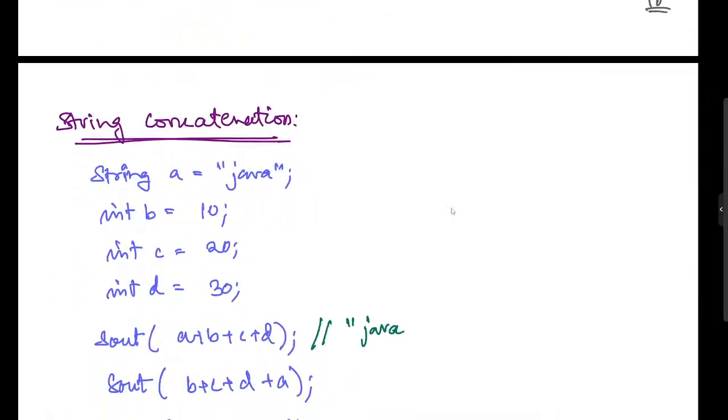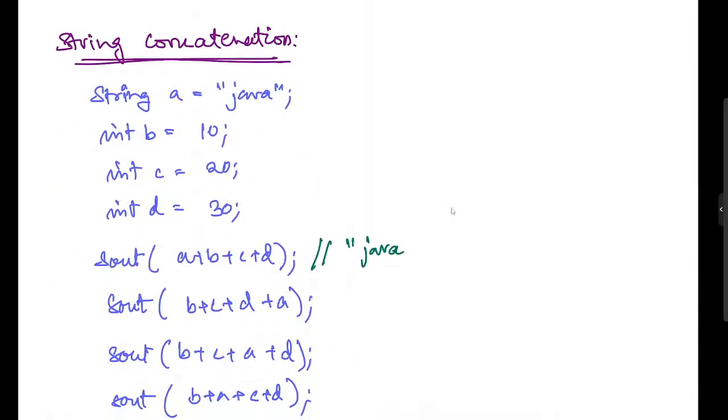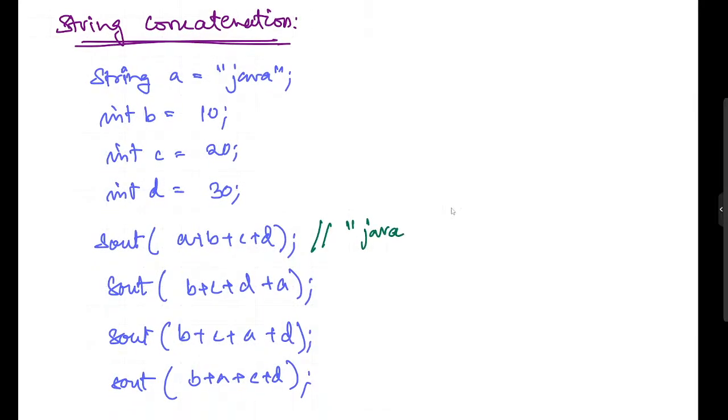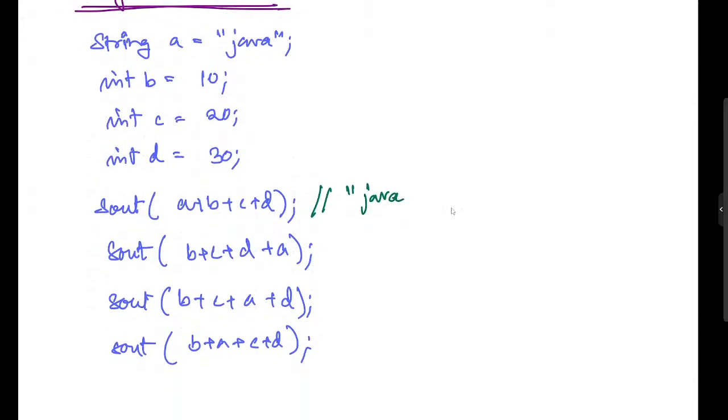The next set of operators we have is concatenation operators. Again, we will take a very small example to understand what happens. If I have a string a which is Java, and integers b equal to 10, c equal to 20, d equal to 30.